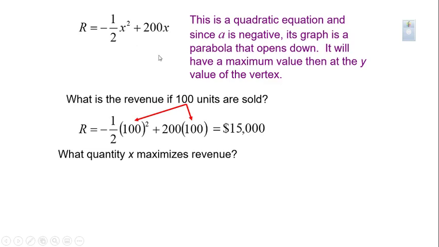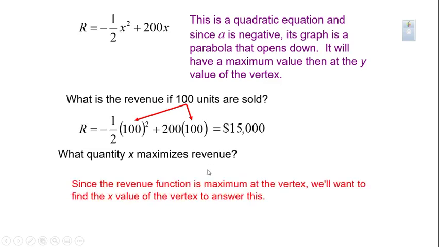So what we need to do is find our h value, which is our x coordinate for the vertex. h is equal to negative b over 2a. b is 200 and a is negative half. So x is equal to negative 200 divided by 2 times negative half. So we end up with 200 over 1, which is 200.